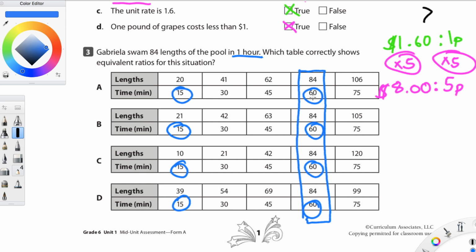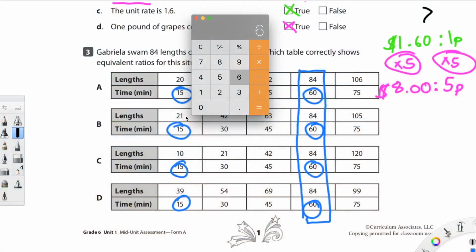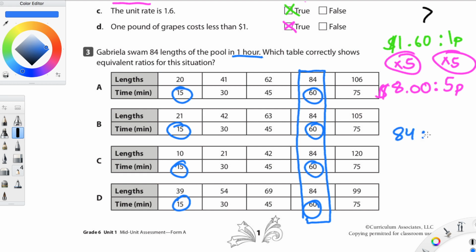So I would have to divide 60 by 4 to get 15. 60 divided by 4 is 15. So that means that if I divided the 60 by 4 and I got 15, this is my minutes, of course.